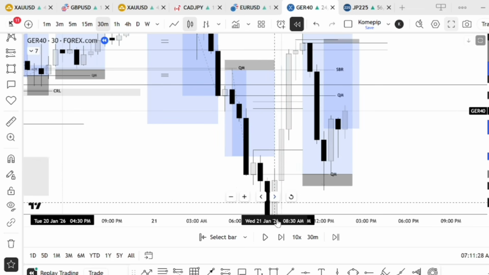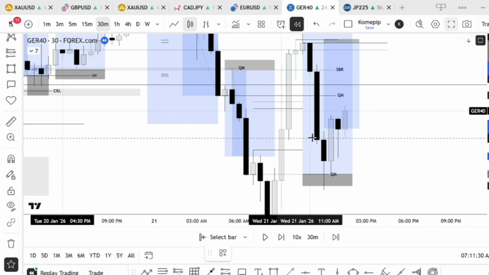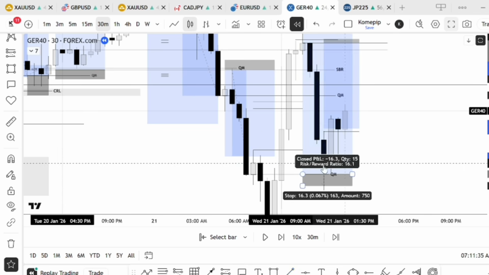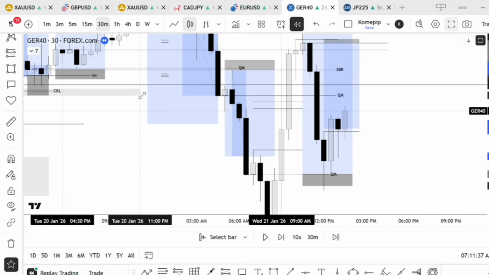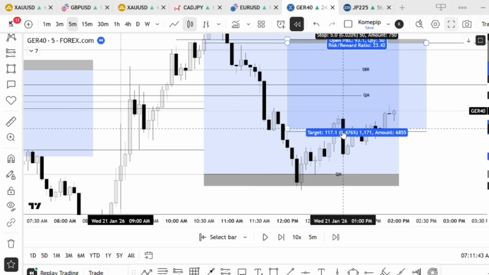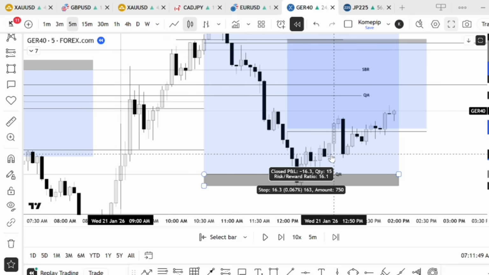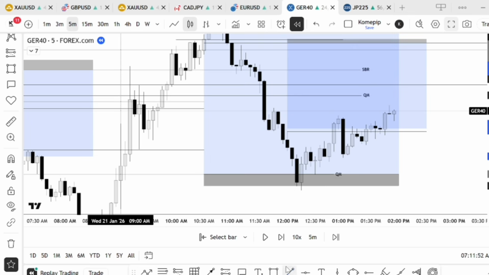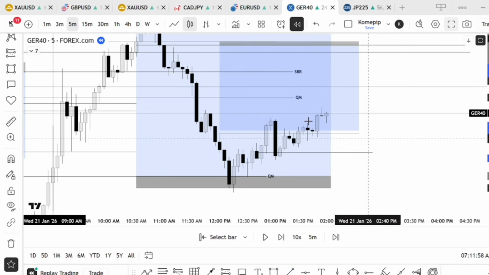And what else can I do? This is it. This is what I could do. We have this. And of course, we have to check 5 minutes. Okay, this is where that candle ended. Yeah, this candle. Yeah, this is a CRT. But seeing that this is an ICRT rather, 50% of that ICRT could be used.